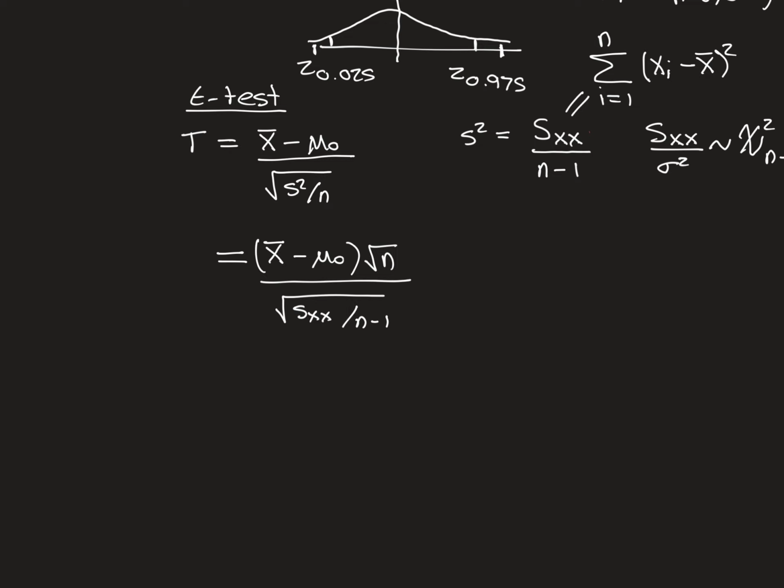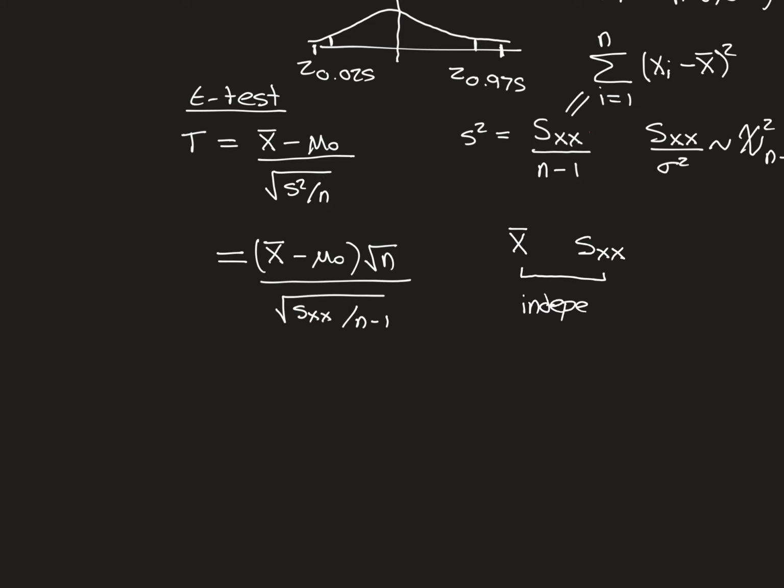Another point that I need to say is something that we needed in the previous video on the chi-squared distribution, which we're going to need again now, and which I didn't prove then and I'm not going to prove now. It is that x bar and sxx, by some miracle, I haven't seen this proof, but I am told that this is true, under the conditions that we've got, where the xi's were normally distributed, come out independent of one another.